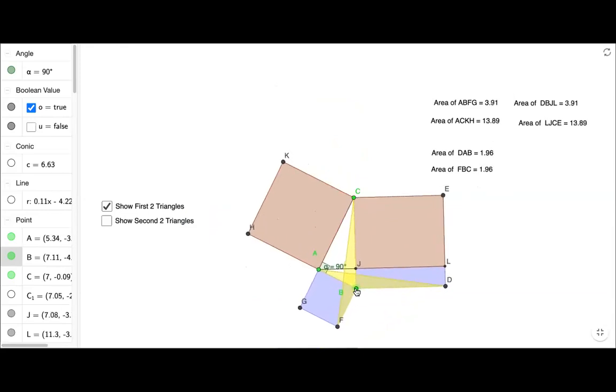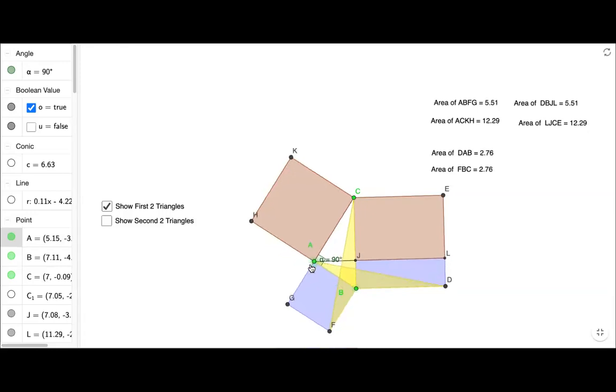If I turn it this way, I can see that this blue rectangle shares the base with this other yellow triangle. So it has the same base, but just like before, this third vertex of that yellow triangle is on the line going through the top side. So that means that the other yellow triangle is half the area of the little blue rectangle.